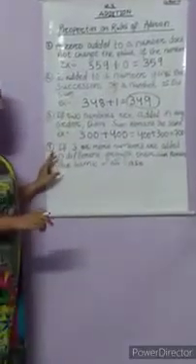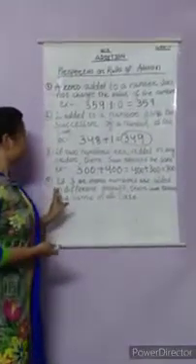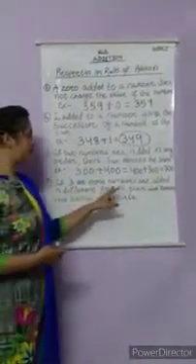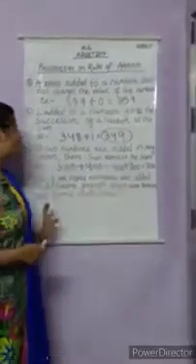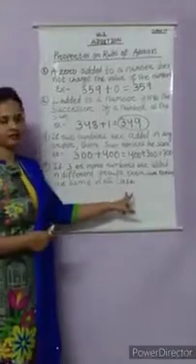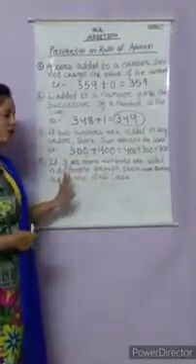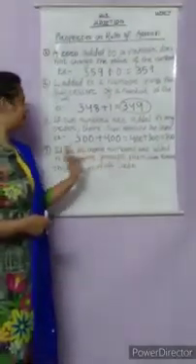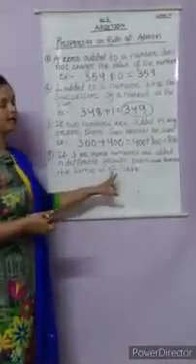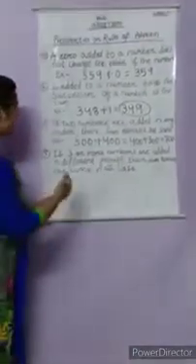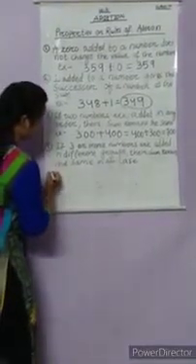Next is your fourth rule. So the fourth rule is if 3 or more numbers are added in different groups, their sum remains the same in all cases. So let's see one example.